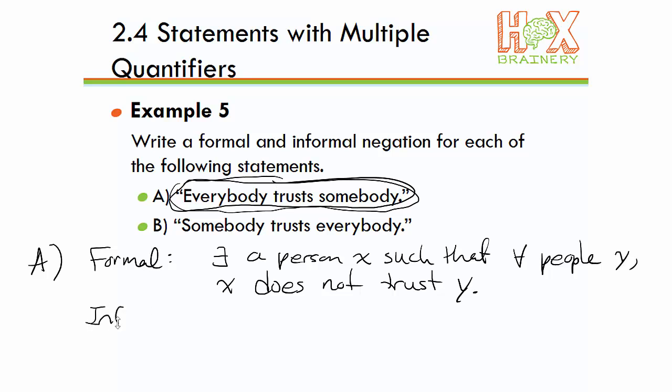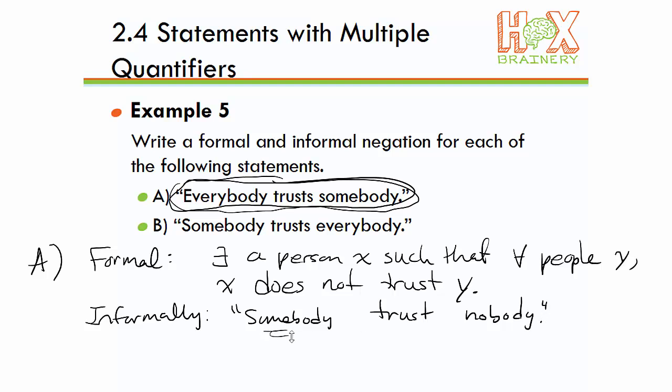And then informally, what will this look like? This would look something like somebody trusts nobody. Right? The somebody, the there exists, the nobody, that's the for all, and it says does not trust. So we have somebody trusts nobody.